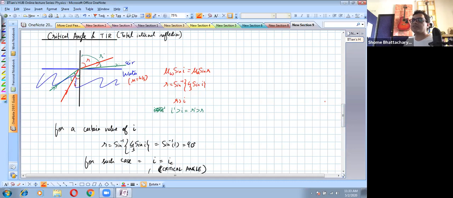Yes, that is the idea. Any refractive surface with a rarer medium on the other side can actually behave like a mirror also.